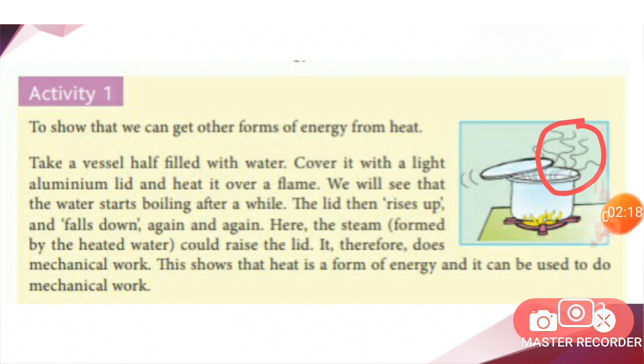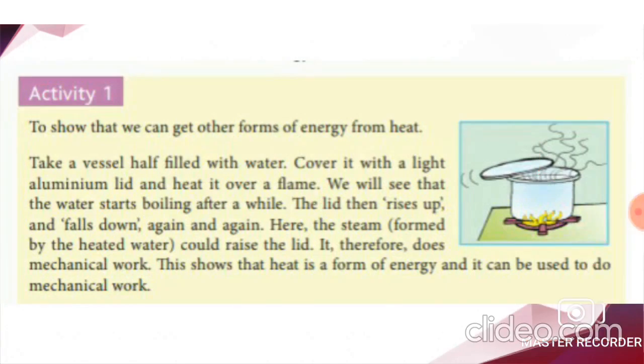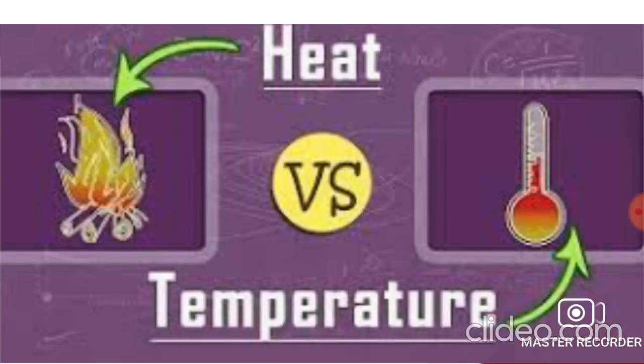Now let us see what is the difference between heat and temperature. Children, you already know that heat is a form of energy, right? And all matter contains heat energy. Here you are getting a doubt, right? How does all matter contain heat energy? Well, children, we already learned that all matter is made up of small particles called atoms, and a group of atoms is what we call a molecule.